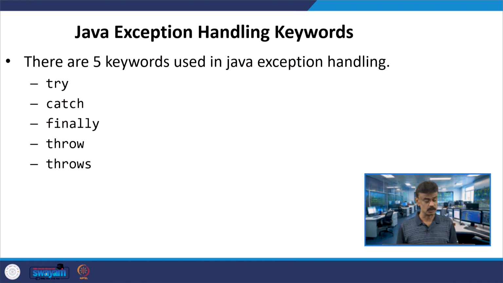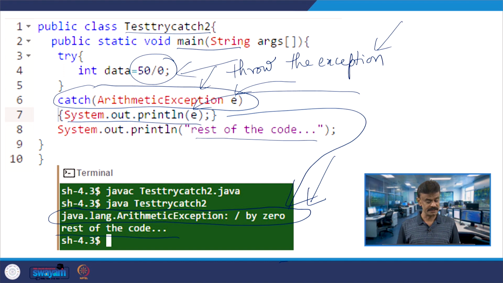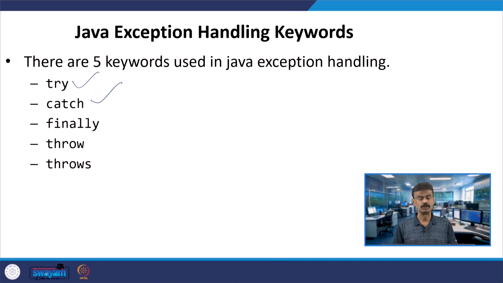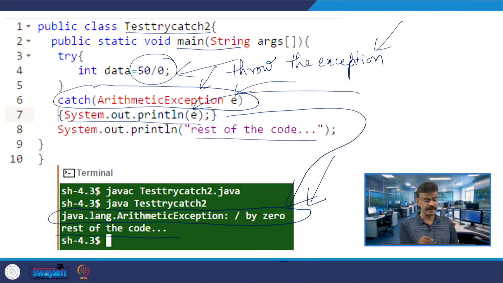So, I can handle the Java exceptions by these keywords. In this case we had seen try and catch, alright. Here we can find it is automatically throwing the exception, in this line the exception is being thrown, okay.